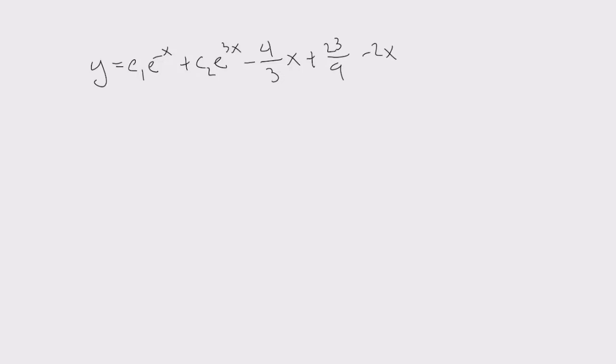Actually, I'm going to group those guys together. So minus 2x plus 4/3 e to the 2x. All right, there we go.